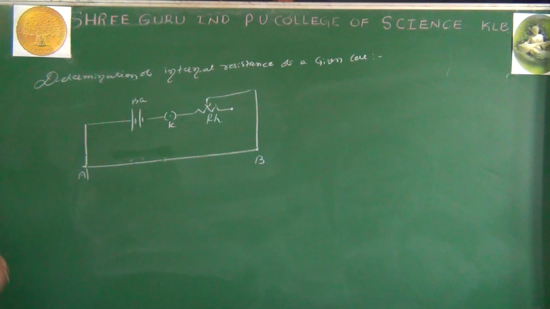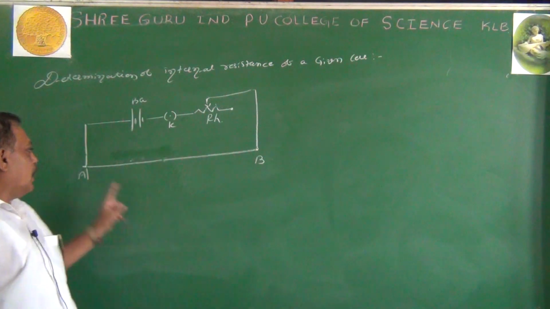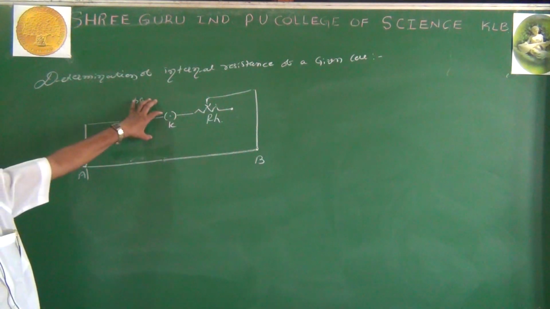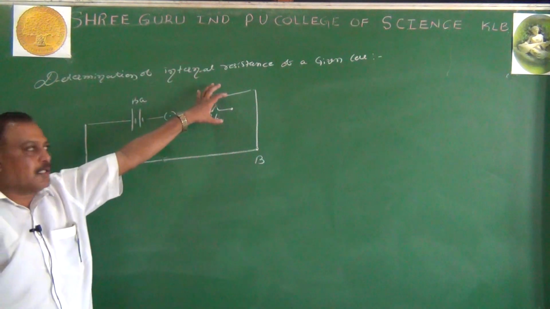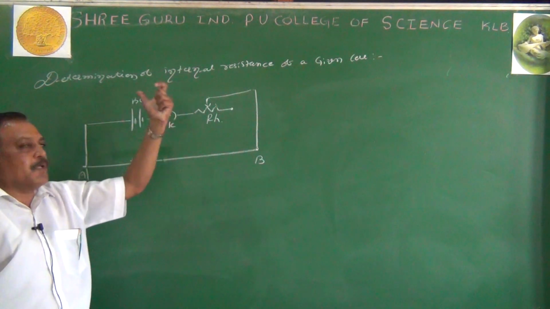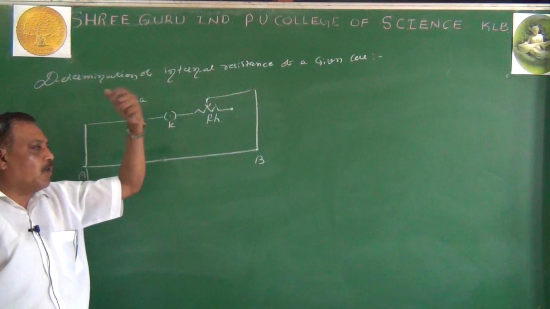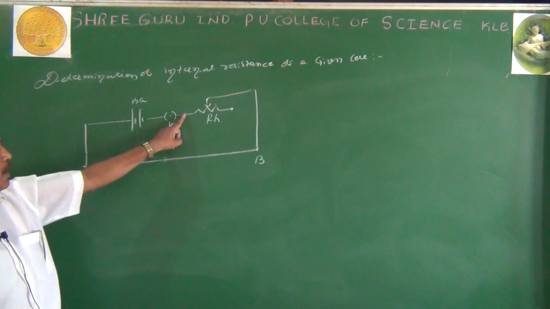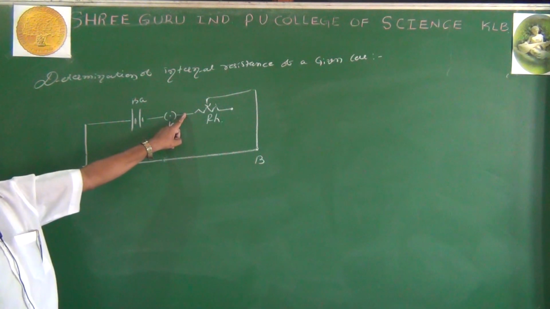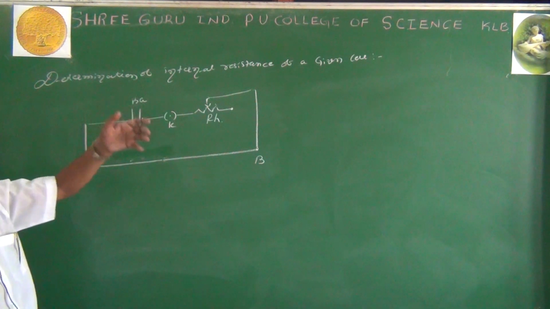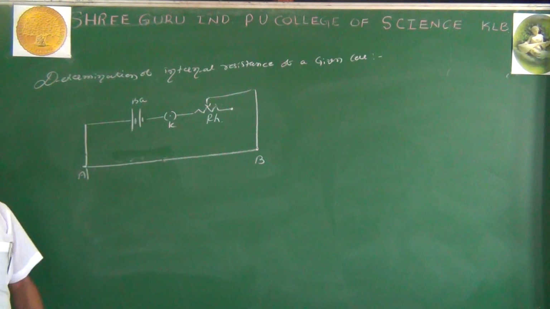Now this is my primary circuit. These are the two ends of the potentiometer wire, connected to the battery through the key. To maintain constant current in the circuit, I need the rheostat. If you want to determine how much current is passing in the circuit, you go for inclusion of an ammeter. It should be connected in series.